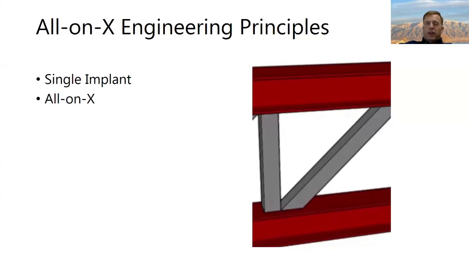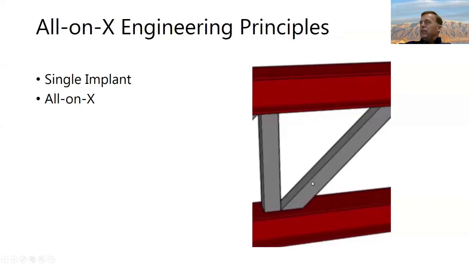Why can we do tilted implants with all-on-X, and we really try to avoid them with single implants? And this is the reason. If you think about this being the prosthetic and this being the bone, these are the implants. One of the interesting things is, if you think about race car design or something like that, I like race cars, so I'll use that as an analogy.